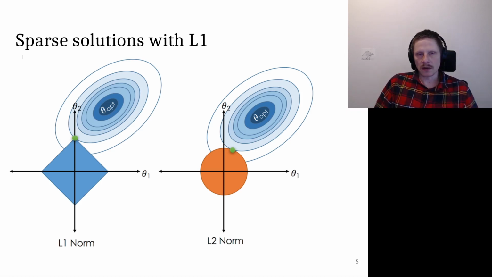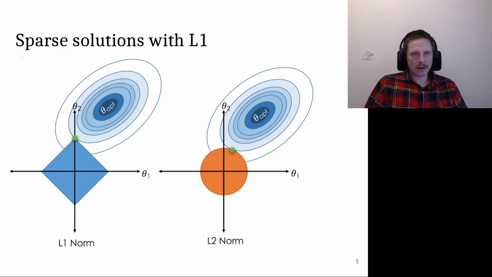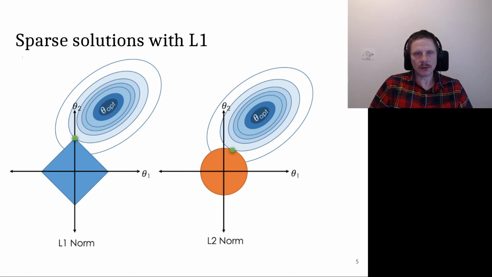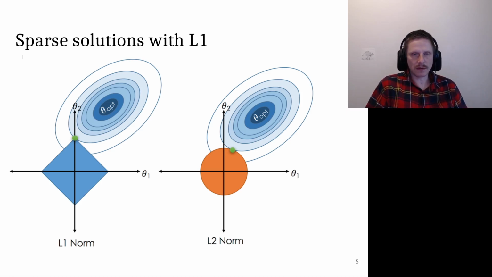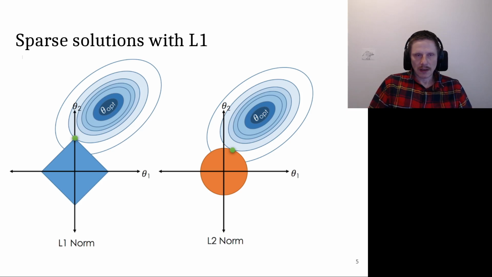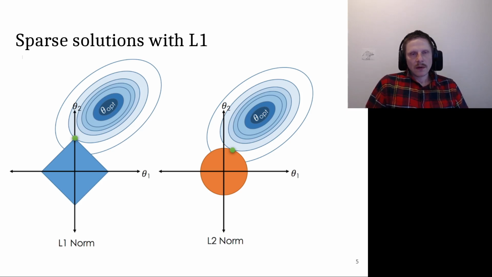So the darker the color, the lower the error is associated with a particular point. And each point in one of these plots corresponds to some combination of the two weights, θ1 and θ2. So we're talking about a model with just two weights here. And so on the left-hand side, we have the L1 norm. On the right-hand side, we have L2 norm.